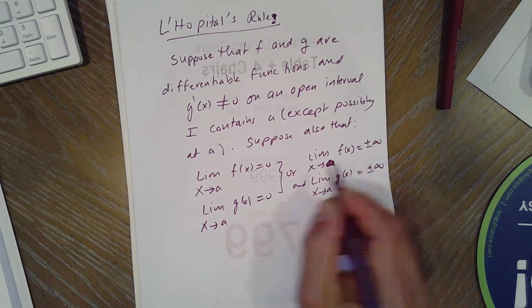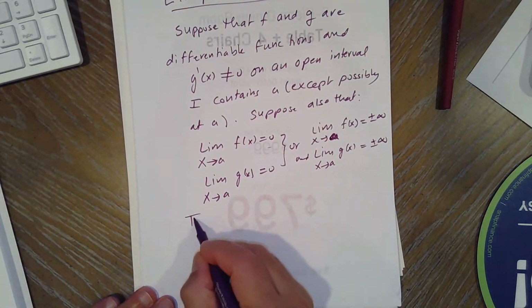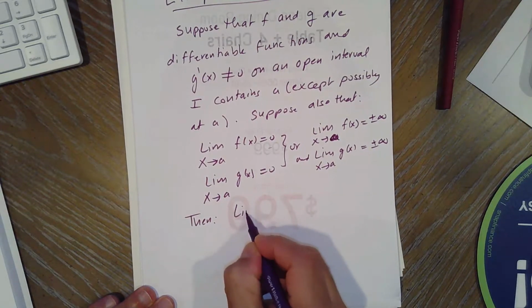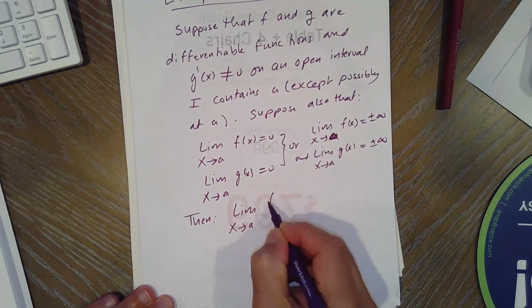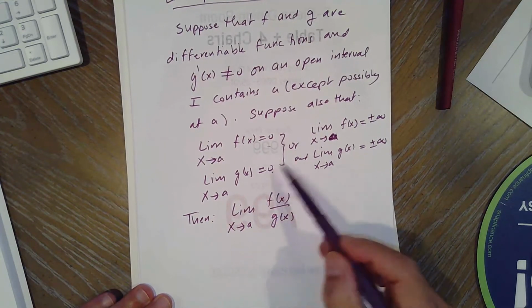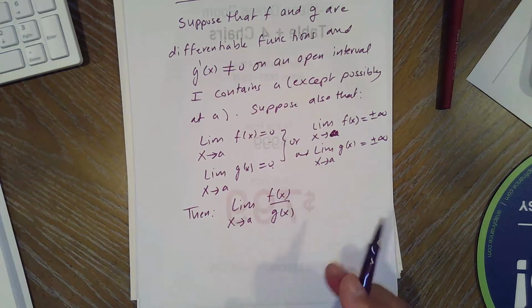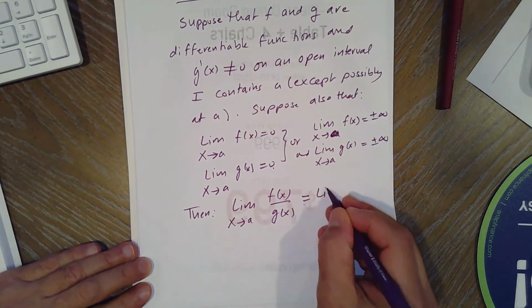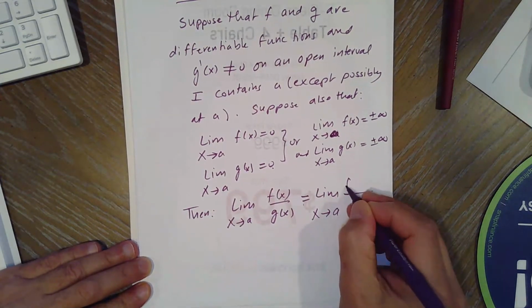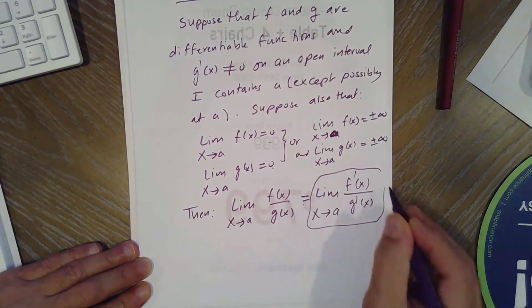So you're talking about 0 over 0 or infinity over infinity. Then if you're doing the limit as x goes to a of f of x over g of x, and you're getting 0 over 0 or infinity over infinity, you can do the limit of f prime of x over g prime of x, and that's going to give you the same answer.